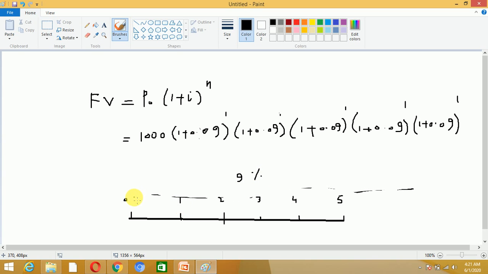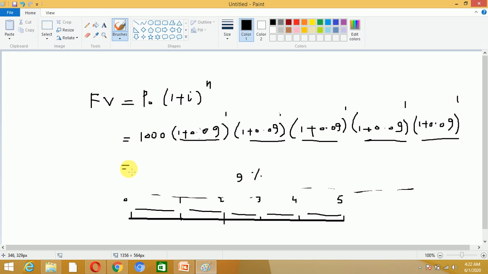So you received interest from 0 to 1, 1 to 2, 2 to 3, 3 to 4, and 4 to 5. And the factor is 1.09, so 1 time, 2 times, 3 times, 4 times, 5 times. On this you received interest 5 times.